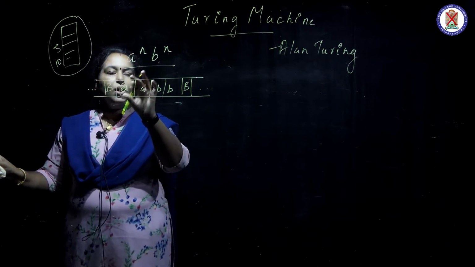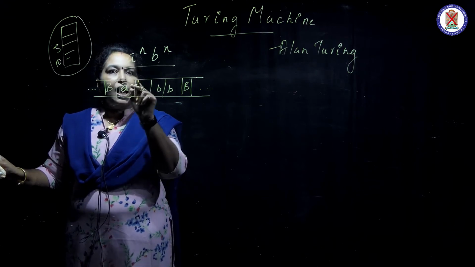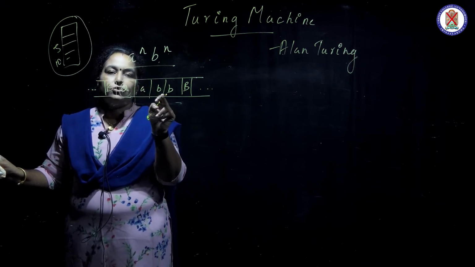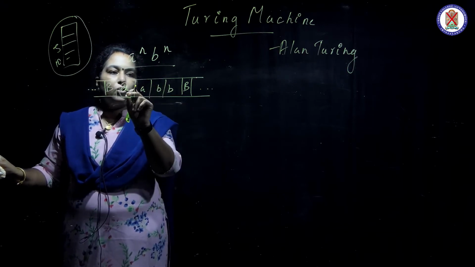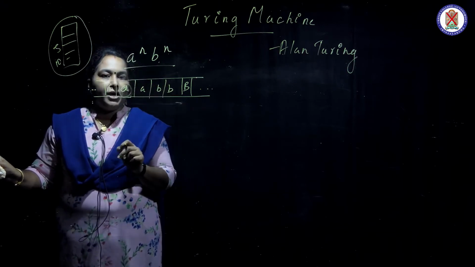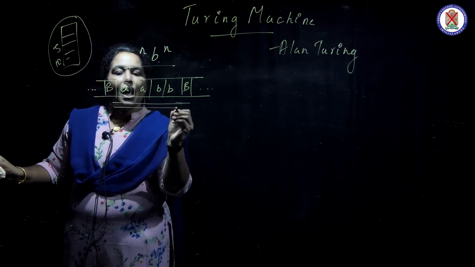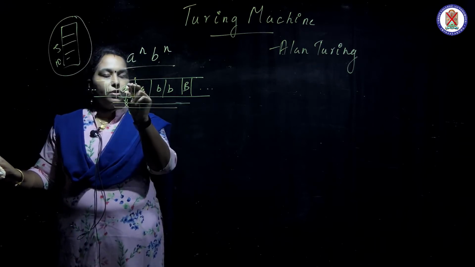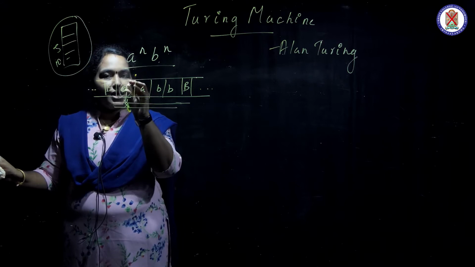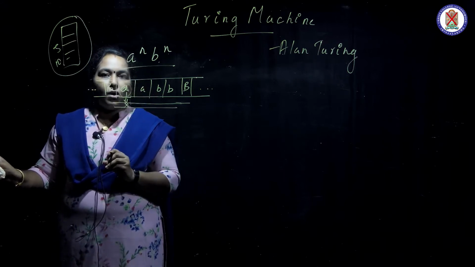So when I see the first A, I must save the state that I have seen the first A, then only I can match it with one B. So to say it, I will make A as X, where I report that A is seen.